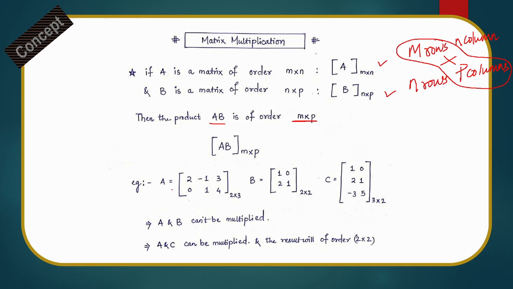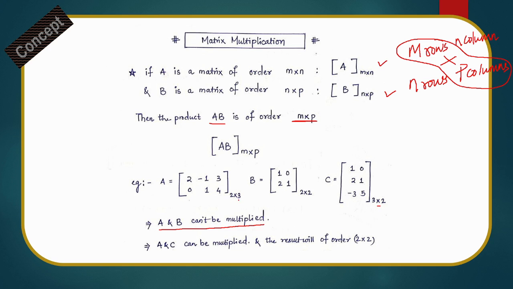So for example, A is a 2 cross 3 matrix, [2 -1 3; 0 1 4], and B equal to [1 0; 2 1], a 2 cross 2 matrix, and C is given as [1 0; 2 1; -3 5], a 3 cross 2 matrix. Then we can say that A and B cannot be multiplied. What is the reason?